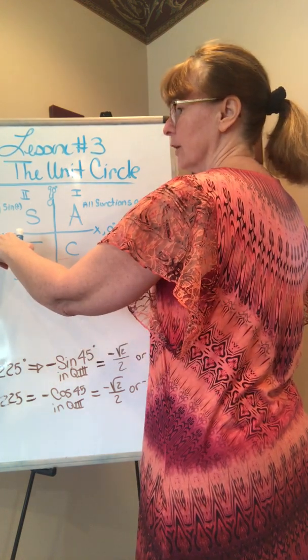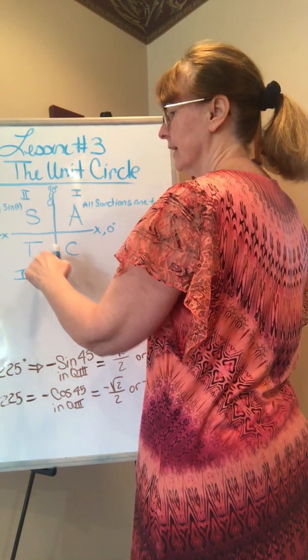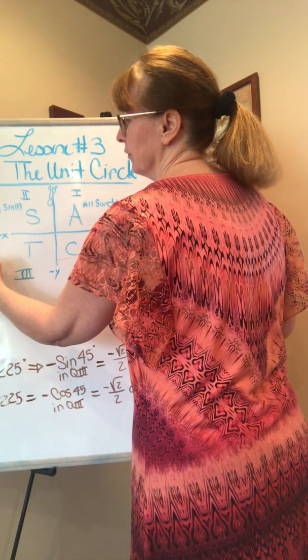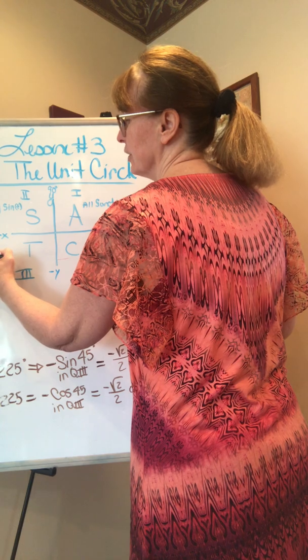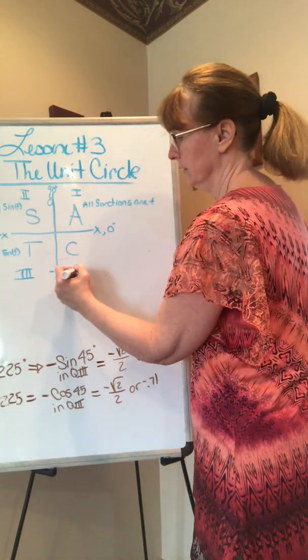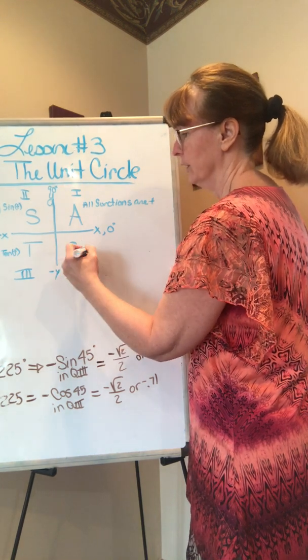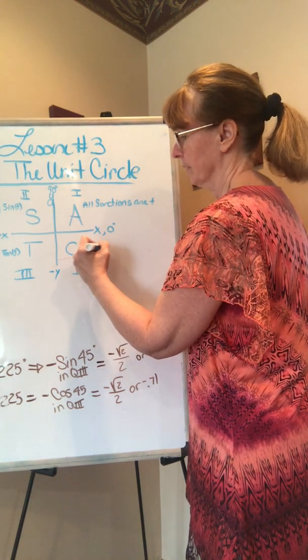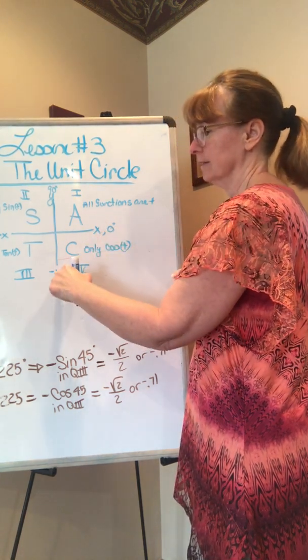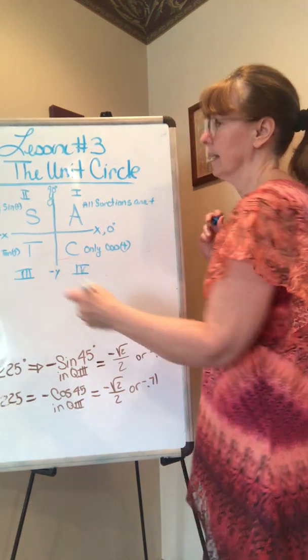That means cosine is negative, sine is negative, and only tangent is positive in quadrant 3 because of a double negative. Only tangent is positive. And then quadrant 4, only cosine is positive. Because it's positive x, sine is negative, and tangent would be negative.